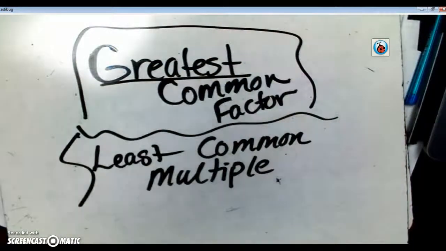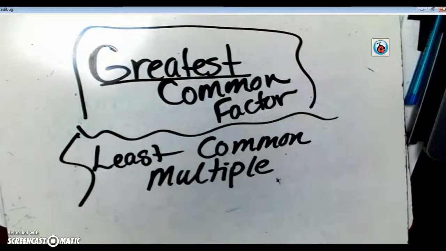Then we have a phrase from last week: greatest common factors. Common factors help us in reducing or simplifying fractions, right? So we had that lesson to remember how to simplify fractions. Yesterday we worked on adding and subtracting fractions that had like denominators.